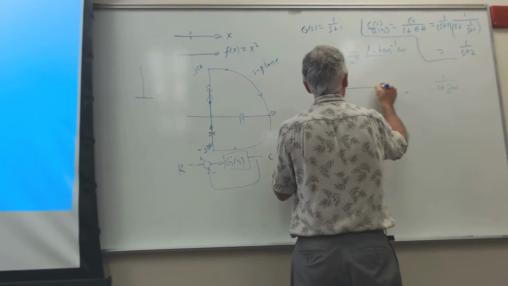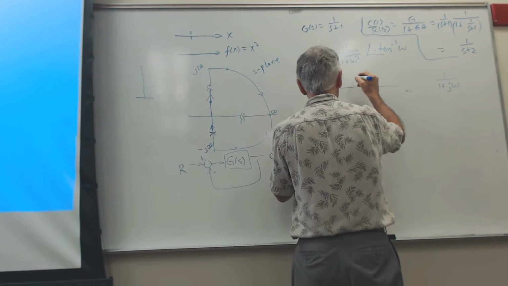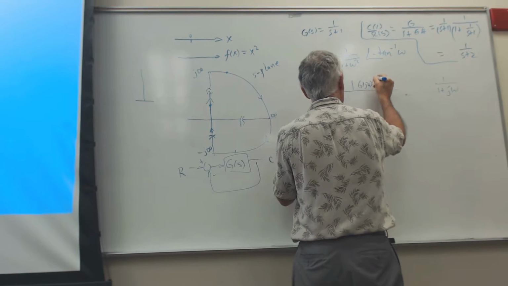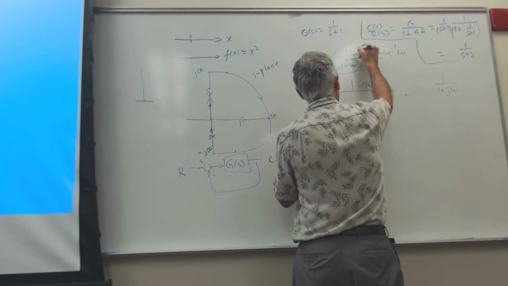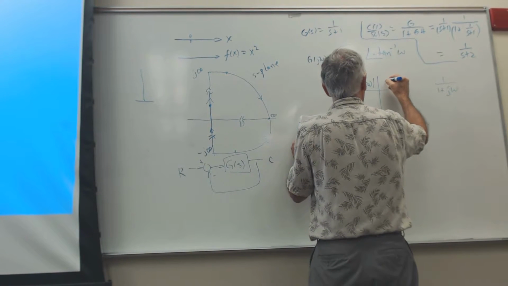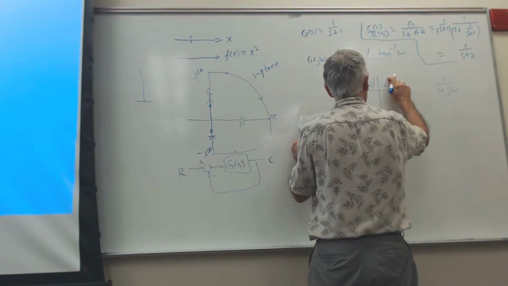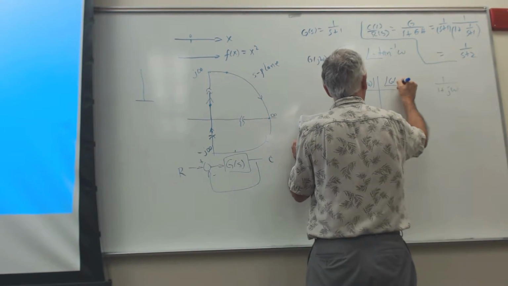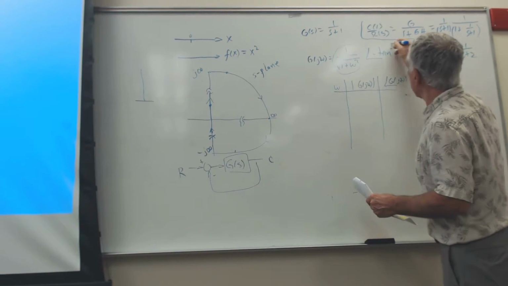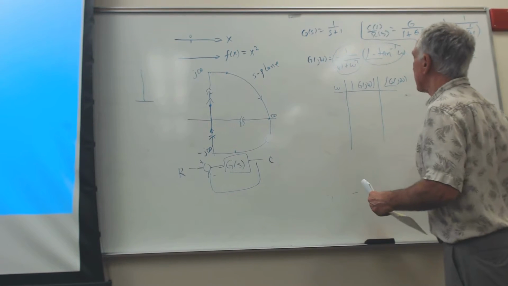Let's take some values of omega, and then take values of the magnitude of G of j omega, which is this right here, and the phase of G of j omega. Okay, this is the phase right here. This is the magnitude, right?